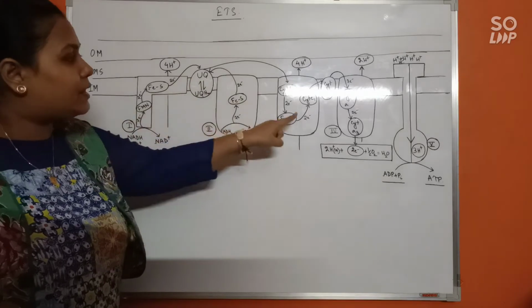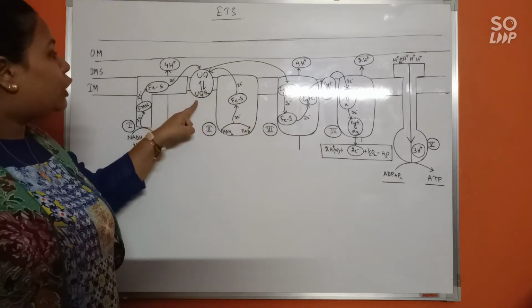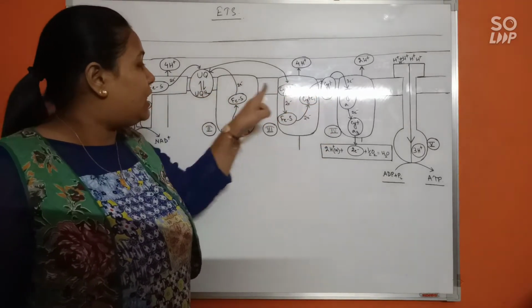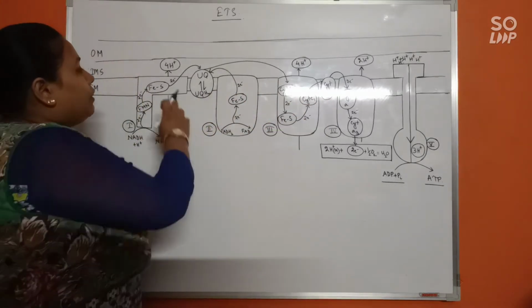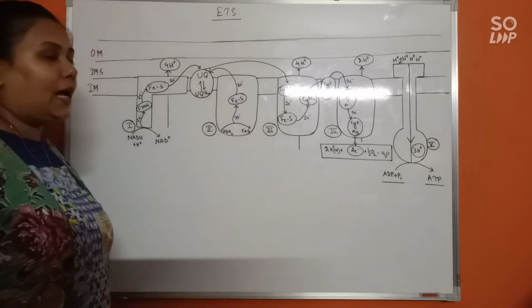These are the fixed complexes in the membrane, but ubiquinone and cytochrome C are mobile electron carriers. Do remember that. So the electrons will be taken up by a mobile electron carrier.